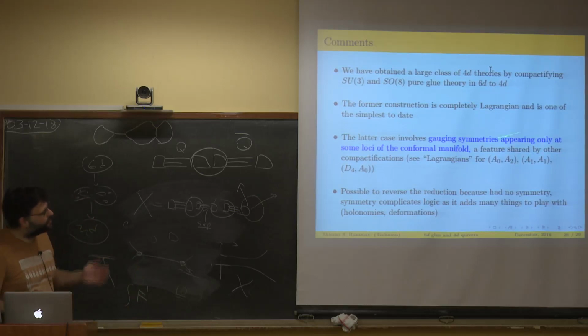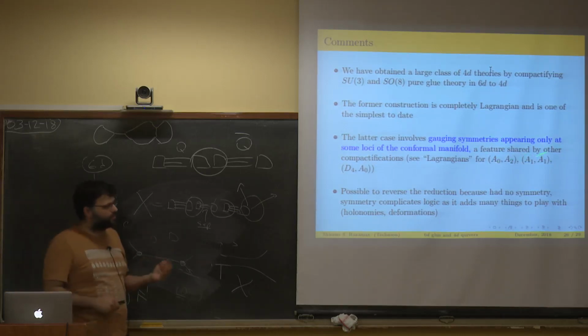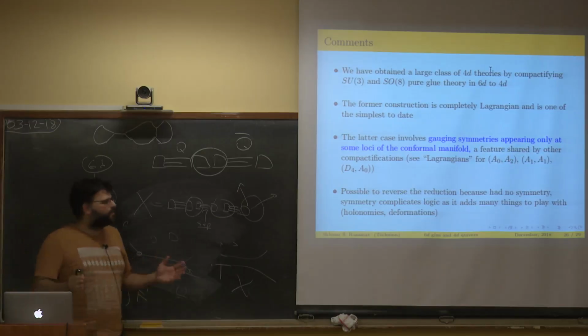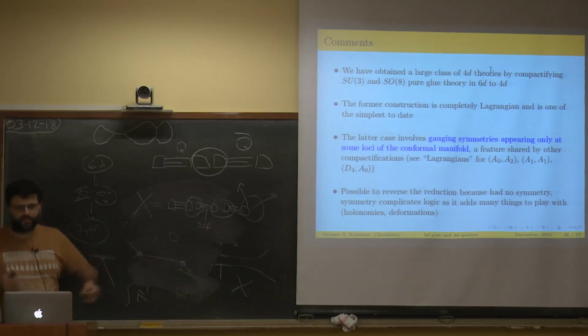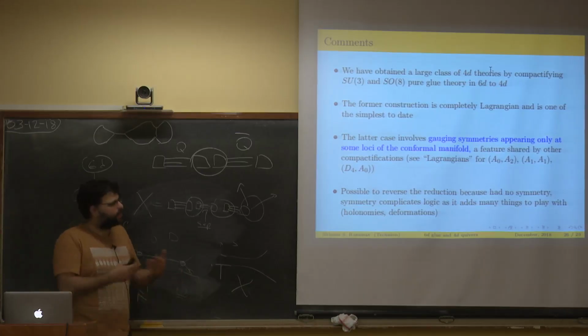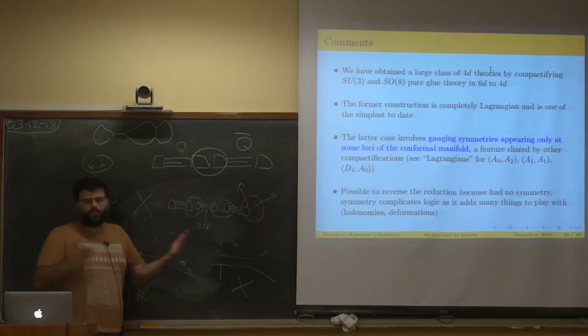Okay, when we have Lagrangian type of constructions, for example, for A2 type Gaiotto theories and other constructions, we can also come up with trinions, with Lagrangian constructions which involve gauging of symmetries which appear only at cusps of the conformal manifold. Okay? So we have a description, but we cannot compute anything with it.